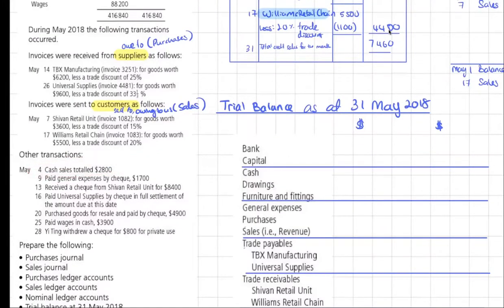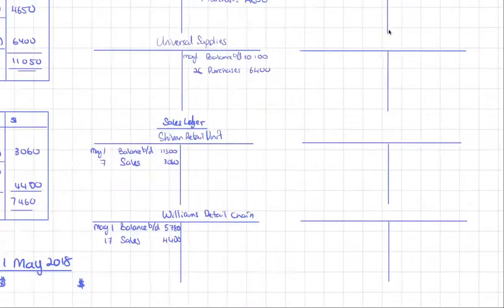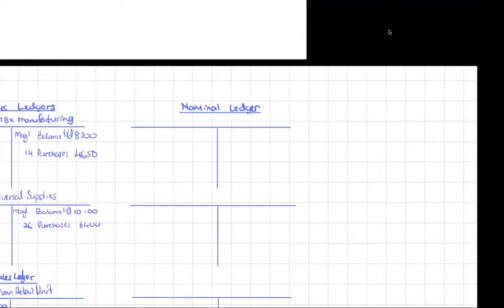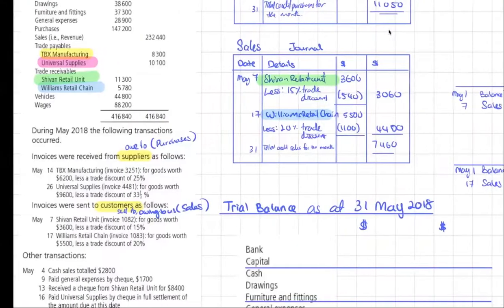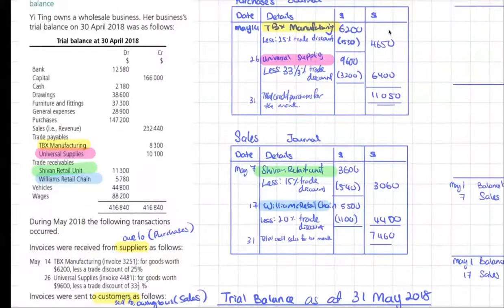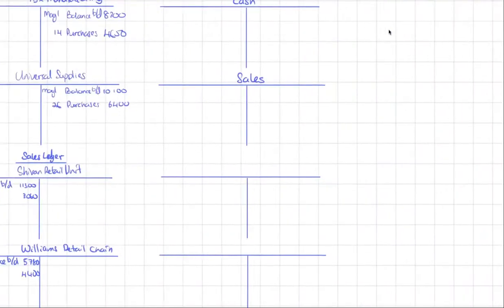Cash sales total 2,800. I need to open my bank account as well, my cash account and my sales account. My sales account will be 2,800, 2,180 balance brought down May 1st.